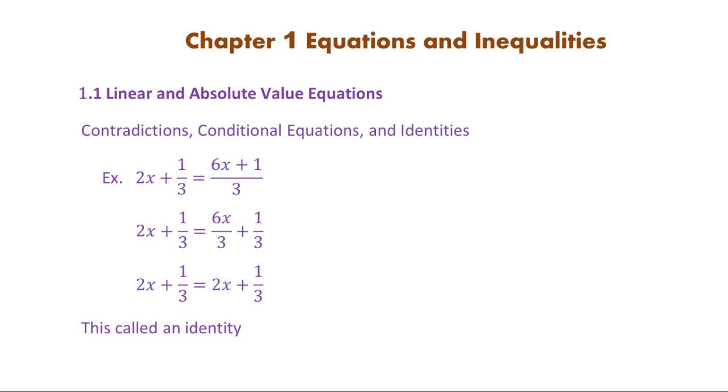Okay, it doesn't hold for any other values of x. So that's conditional. And then the last thing is called identity. If the equation always holds no matter what the variable x value is. Okay, so that's called identity.